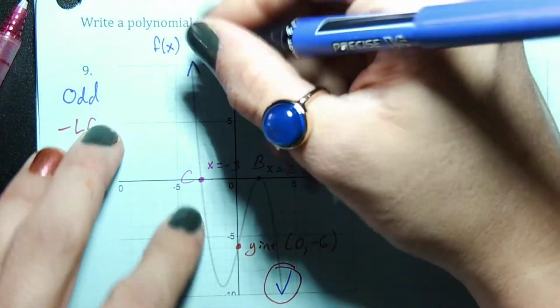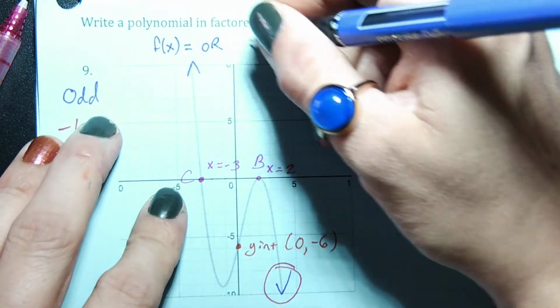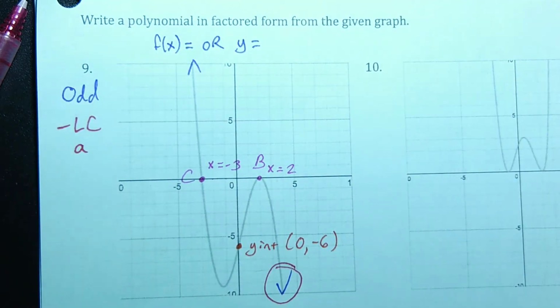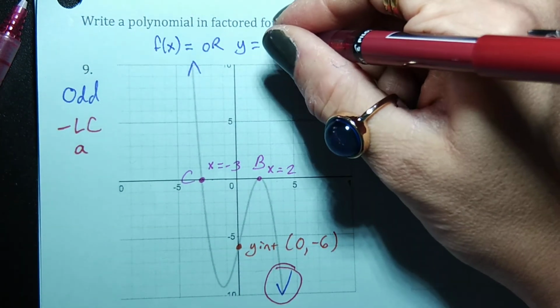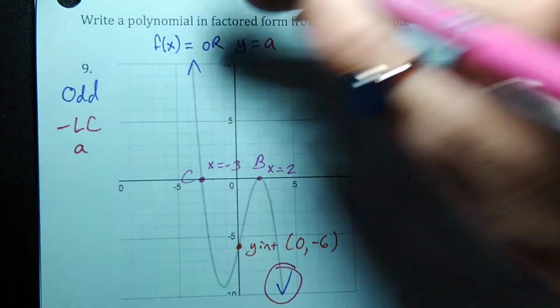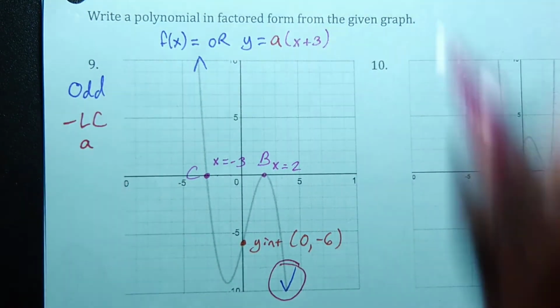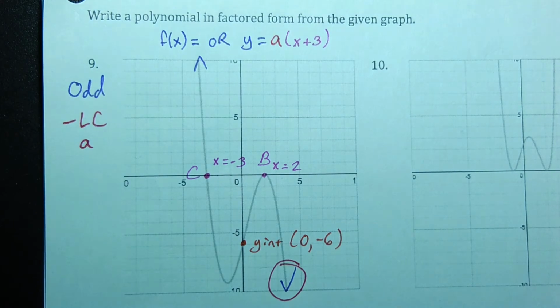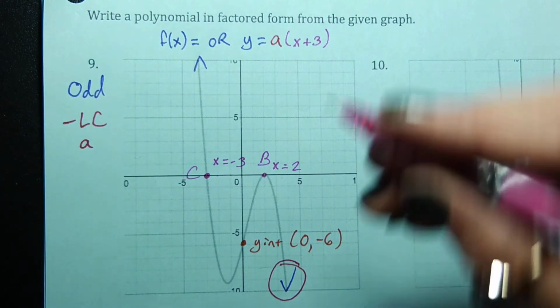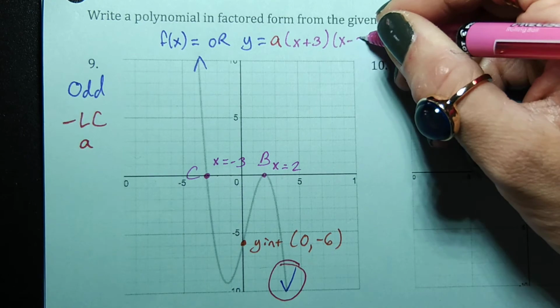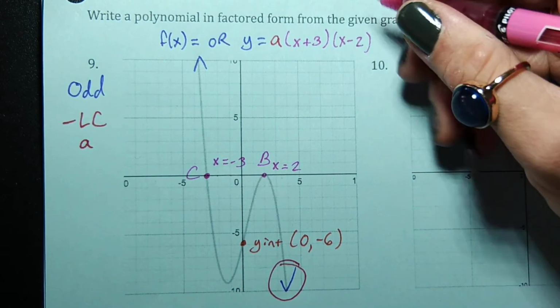And remember, you can use f of x equals or y equals. But we're going to need an A value. The factors would be x plus 3 with an implied multiplicity of 1 for crossing. And then x minus 2, what's that one's multiplicity going to be?